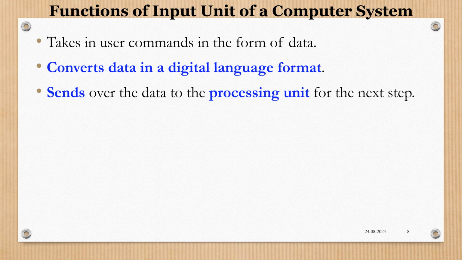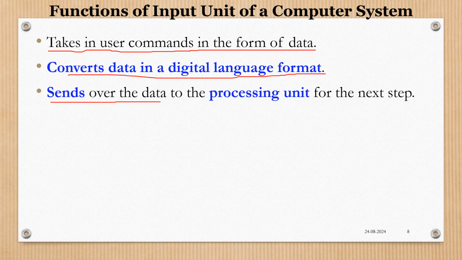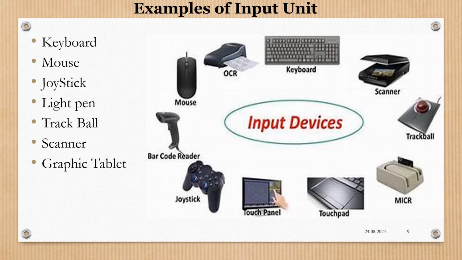It first takes the command from the user to perform some computations, and it converts data into a digital language format. Digital language format is basically 01 formatting that is supported by the computer, and computers work on the 01 language only. Next, it sends the data to the processing unit to analyze the data or execute the instructions.